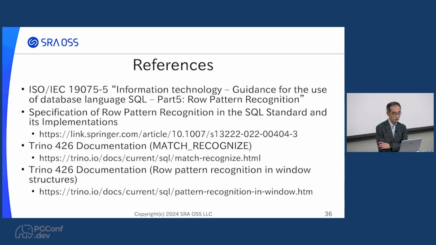As you might know, the official documentation of the SQL standard is extremely expensive. So if you don't have money, please refer to the rest of the documentation. For now, I recommend looking into the Trino document manual, which describes the feature very well.